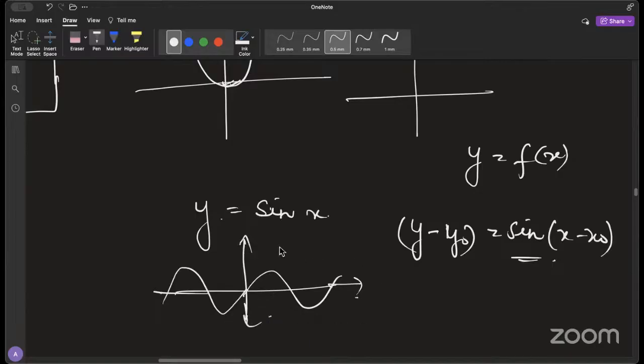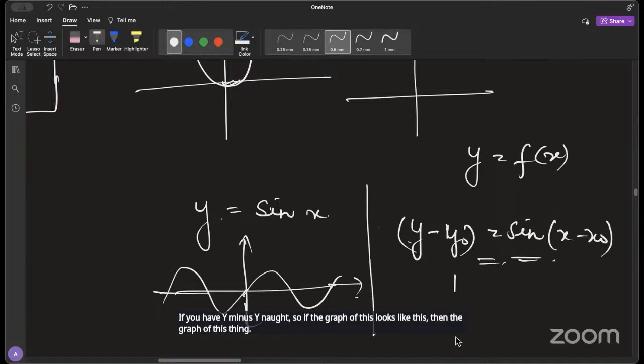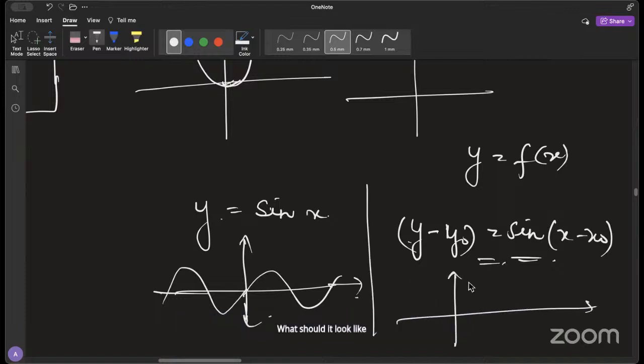Because you've shifted the y coordinate, this point gets shifted here, y naught units upward and x naught units to the right.